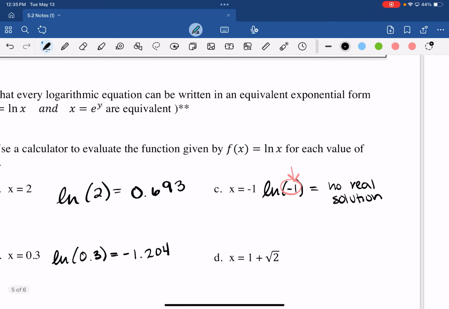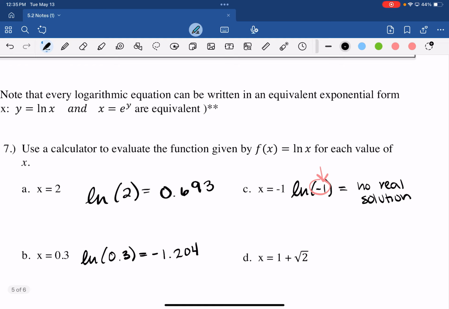Our next one, we just have to talk a little bit about formatting. In your calculator, you'll press the ln button, but you have to make sure you have parentheses around the whole thing. That's the only way it will work.